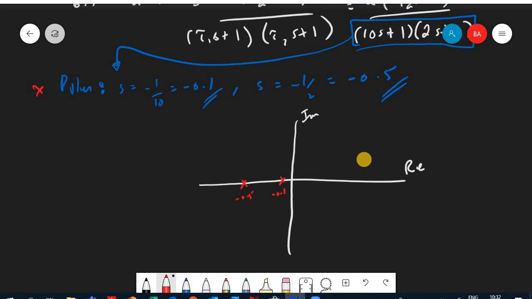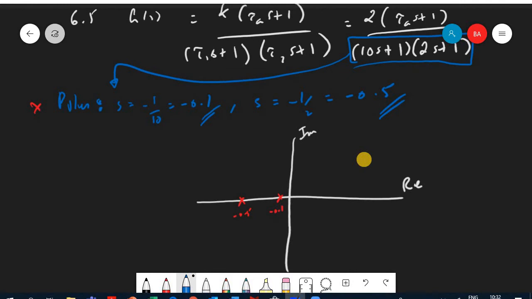Great. What about the zeros? Now for the zeros, we need to solve for the zeros. So in the problem, it said that the first value, the case 1 value, so we're going to check case 1. In this case 1, I have tau a is equal to 20. And if tau a is equal to 20, my 0 is going to be s is equal to minus 1 over 20, and that would be minus 0.05.